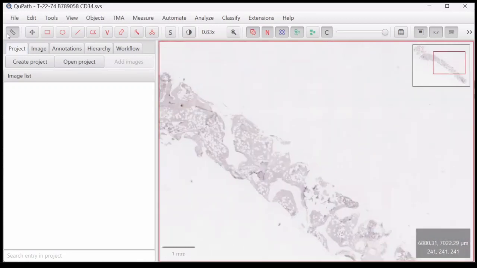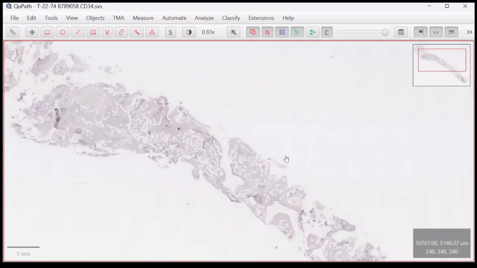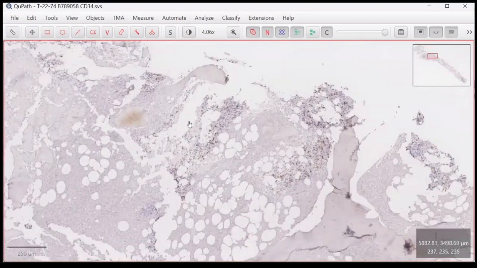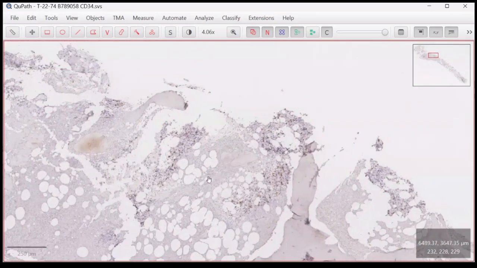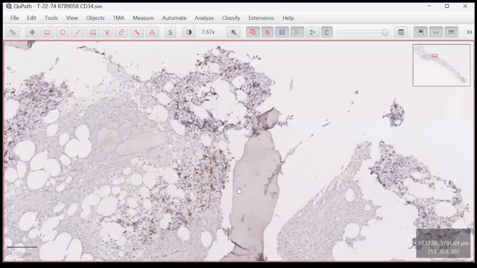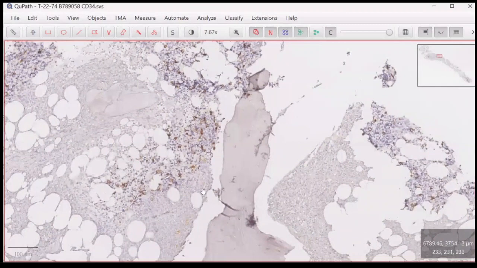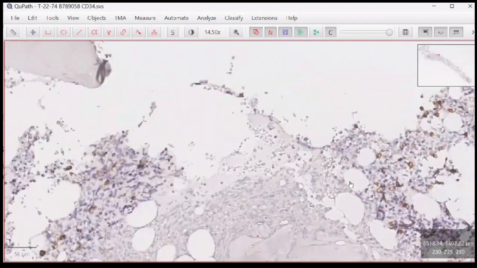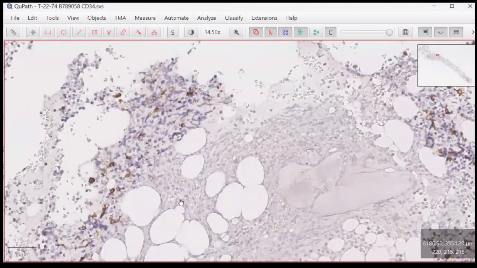Okay, 34. You have here 34. 34 appears markedly reduced, but there are some positivity on individual cells.